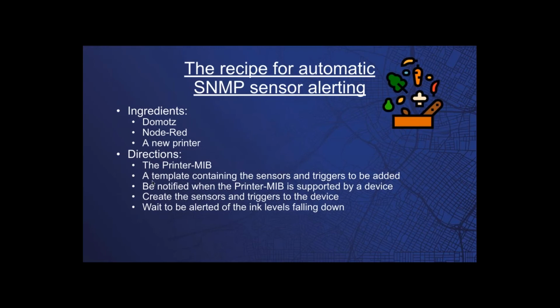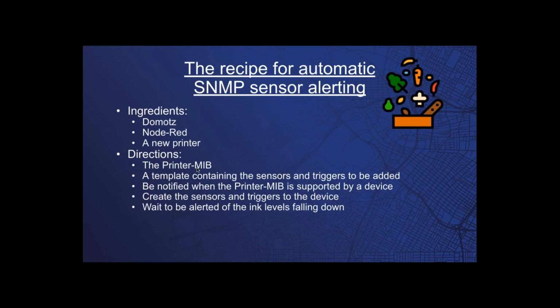And the direction to build this mechanism is the printer MIB, because the idea is to be notified every time a new device supporting a MIB appears in our network, and in particular one supporting the printer MIB.